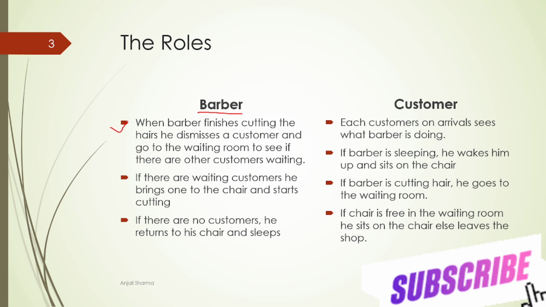That is the same thing I just told you in the previous slide. If there are waiting customers, he brings one customer to his chair and starts cutting their hair. That is also what I explained in the previous slide. And if there are no customers, then he returns to his chair and sleeps. That is the work performed by the barber process.